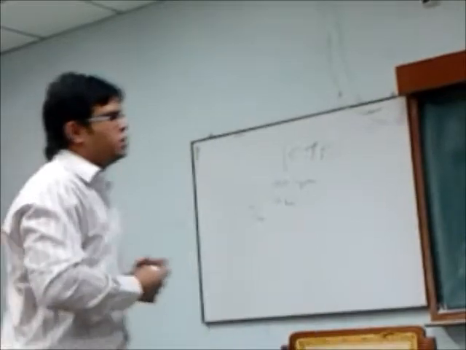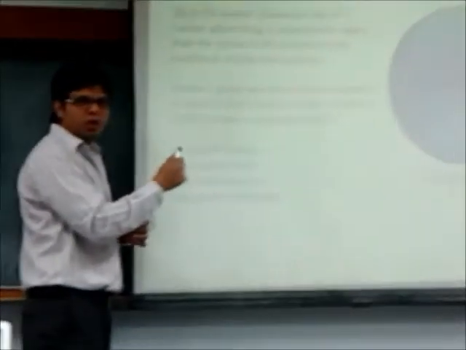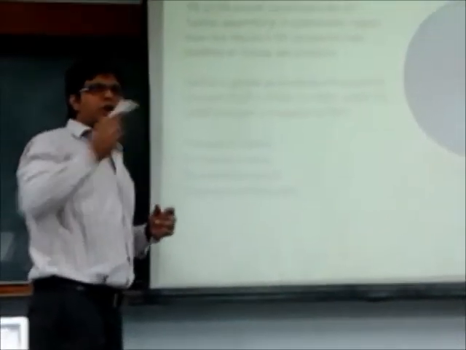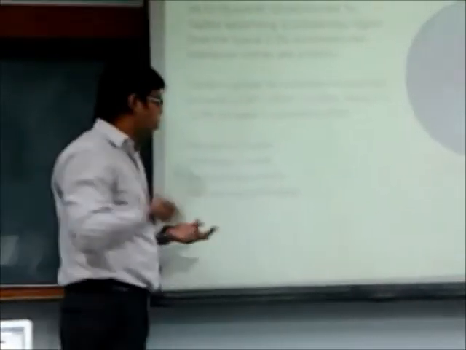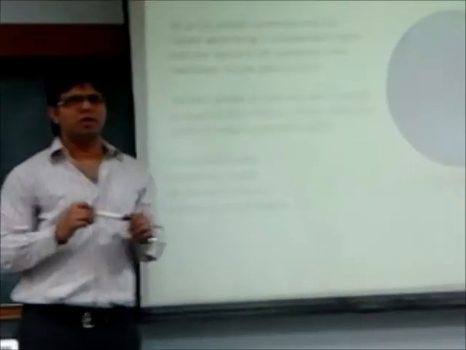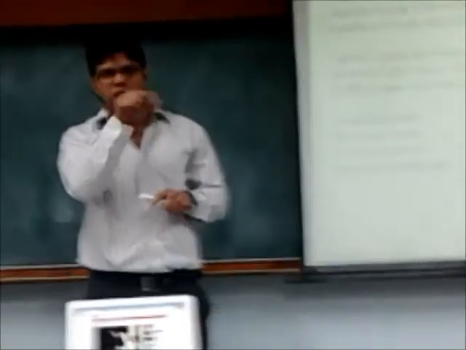It has promoted tweets. If someone has tweeted, you can promote that by paying, and a person who is not related to that person also gets the promoted tweet. Then promoted trends. Have you heard of trends on Twitter?